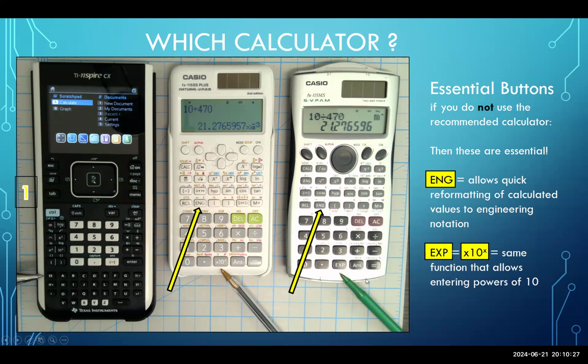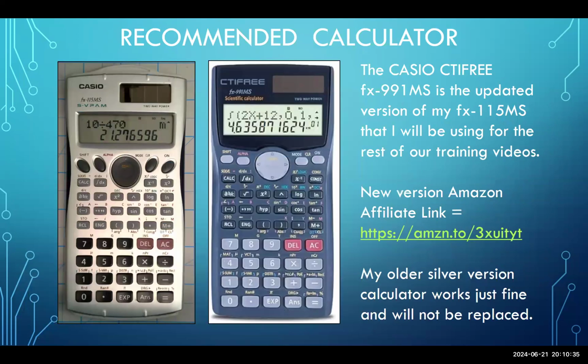This is absolutely essential. Now, what this means is you'll have a few more button presses in order to get the same result. So the recommended calculator is, I found this one here, the CTI free, it's made by Casio, and it's a CTI free FX991MS.